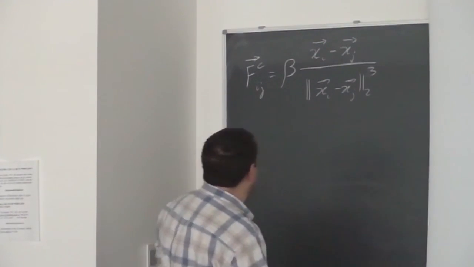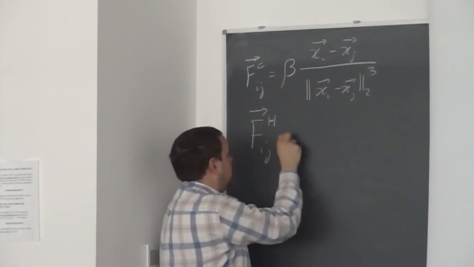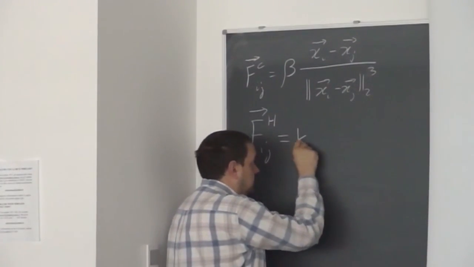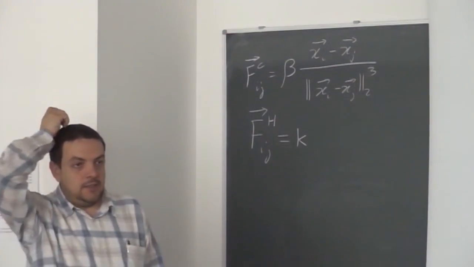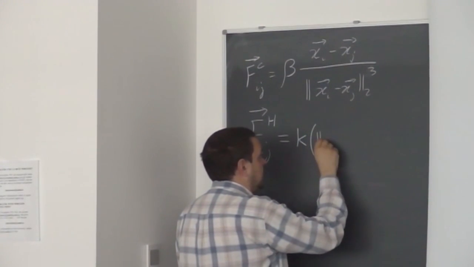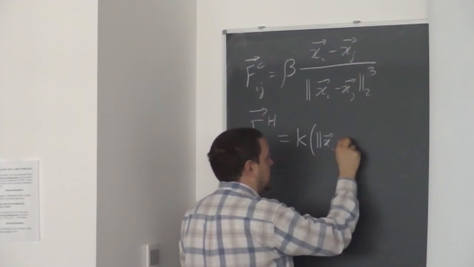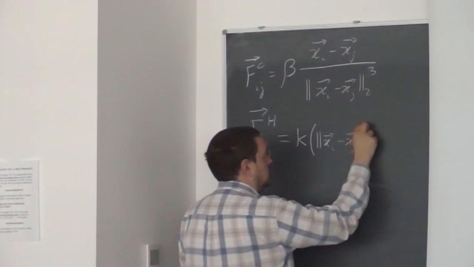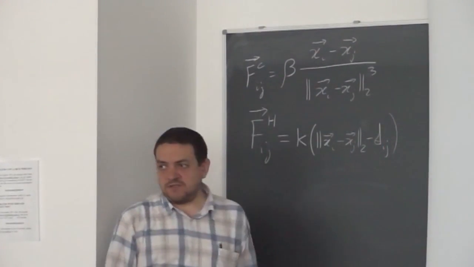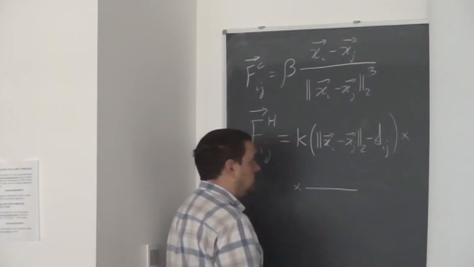The second kind of force that we are using is the Hooke force between i and j, given by the spring, and it has a proportionality constant K, and then it depends on the difference between the distance between xi and xj, and the ideal distance between the two, and this must be multiplied by the unit vector.